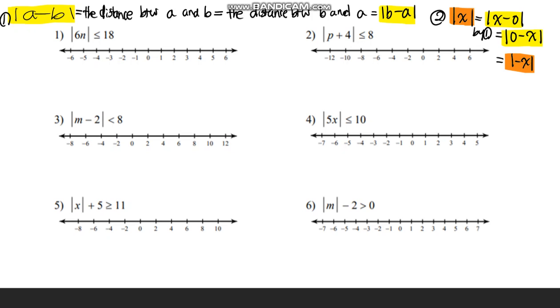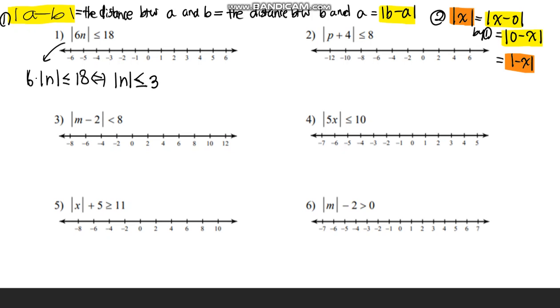I'm going to explain it later when I have time, but when you see something like this, you can simply break them apart like this: 6 times absolute value of n is less than or equal to 18. So this is just equivalent to absolute value of n less than or equal to 3.